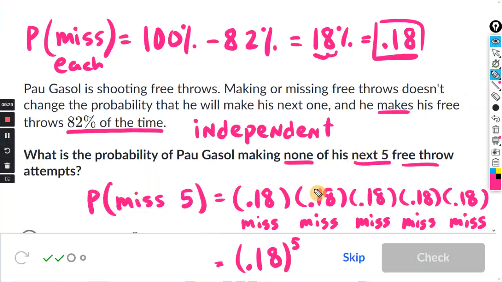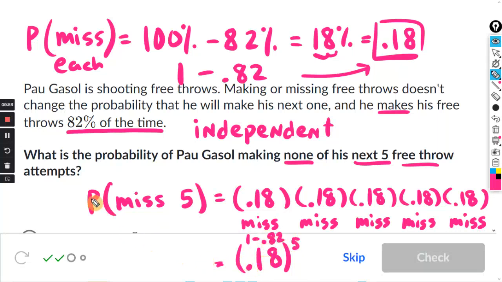Really, the way we get 0.18 is just 1 minus 0.82. So this 0.18 is the same as 1 minus 0.82, and if you raise that to the 5th power, it's the same answer.